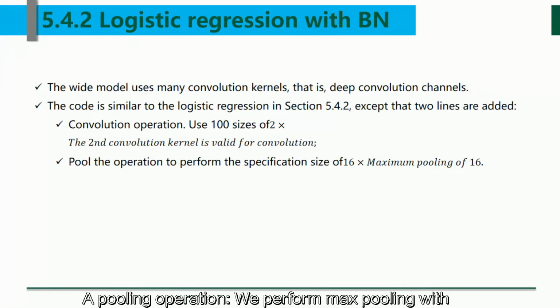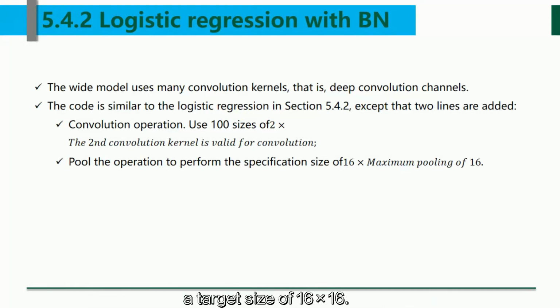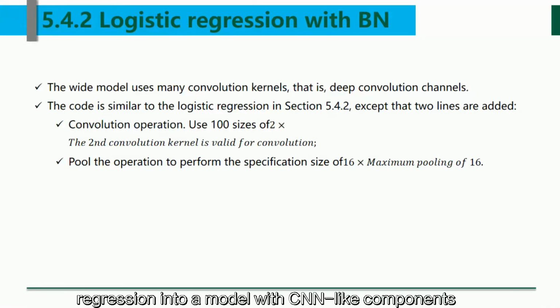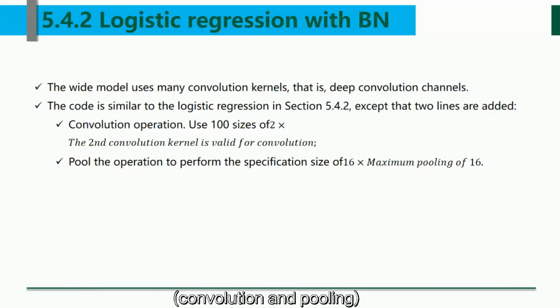A pooling operation: we perform max pooling with a target size of 16 multiplied by 16. This step reduces the spatial dimensions of the feature maps, making the model more efficient and better at capturing key patterns. These additions transform our basic logistic regression into a model with CNN-like components, convolution and pooling, helping extract more powerful image features for classification.